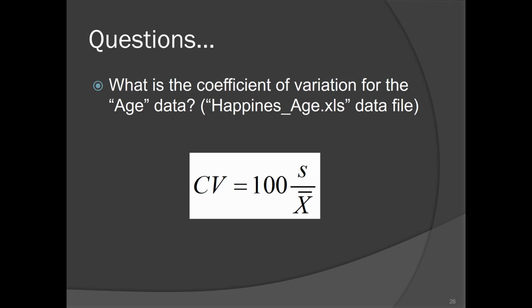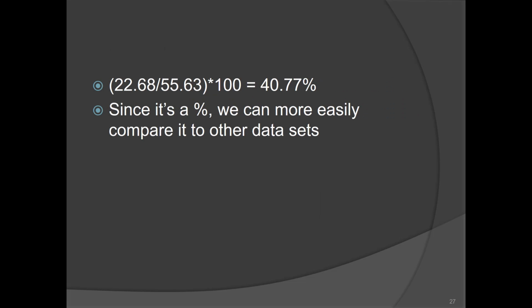And what about the coefficient of variation for the age data that we just looked at? We had the standard deviation of 22.68. The mean was 55.63 years times 100, so that's 40.77% variability. That's kind of a lot compared to some of the other ones that we've seen so far. 36% was the highest for the stock A, B, and C options.